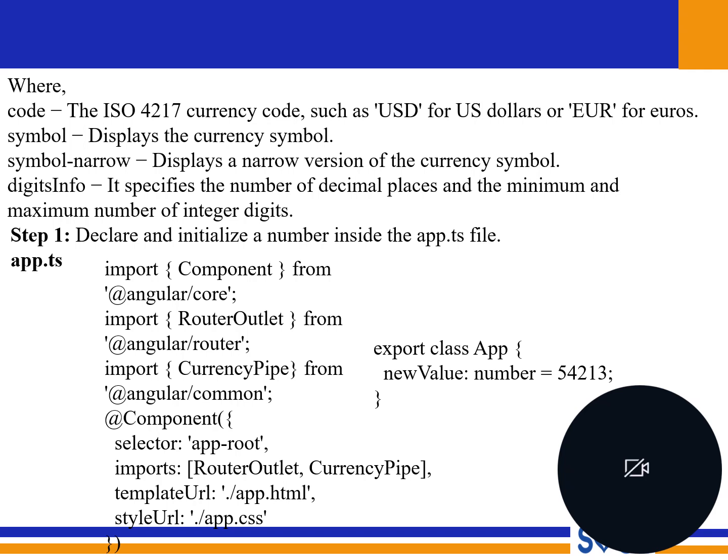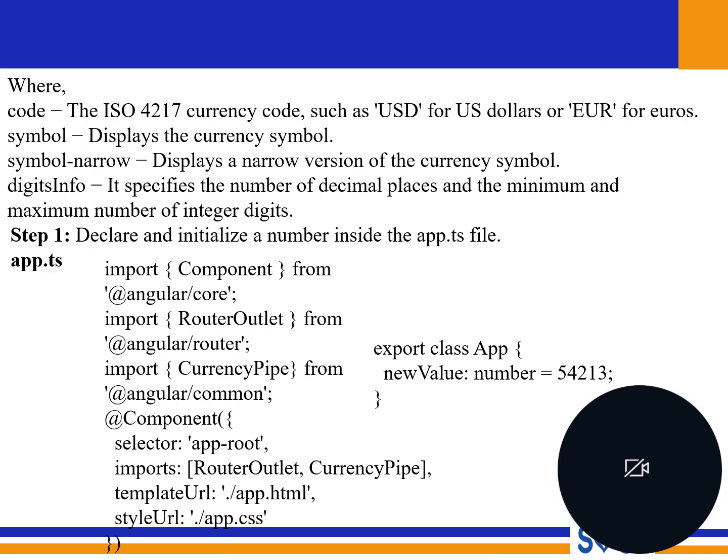Here the code represents USD for US dollar and EUR for Euro. Symbol displays the currency symbol. Symbol-narrow displays the narrow version of the currency symbol. The digit info specifies the number of decimal places and the minimum and maximum number of integer digits.